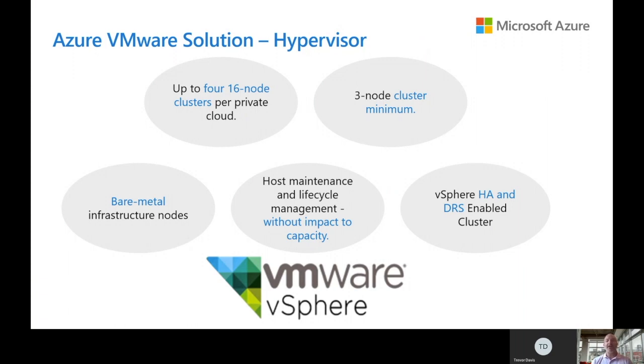As we upgrade, as we patch, resources will be added to the cluster, so you don't go without the resources during the patching. And by default, vSphere HA and DRS is enabled on the cluster. Again, this is a vSphere cluster. Same feature functions you have on-prem, you would expect here.